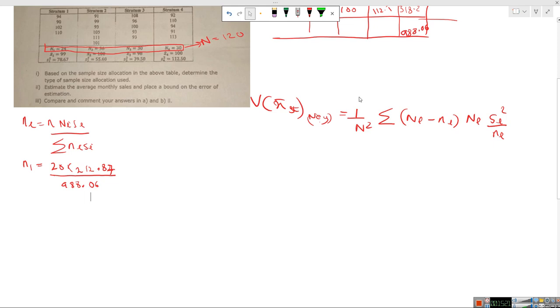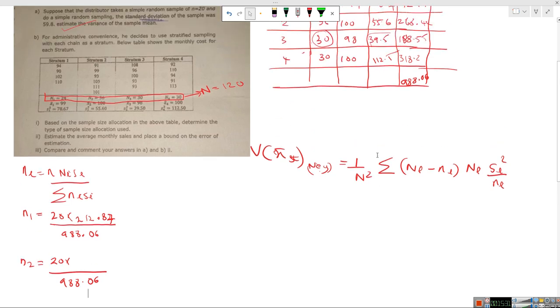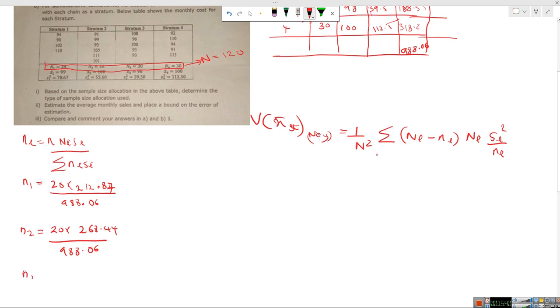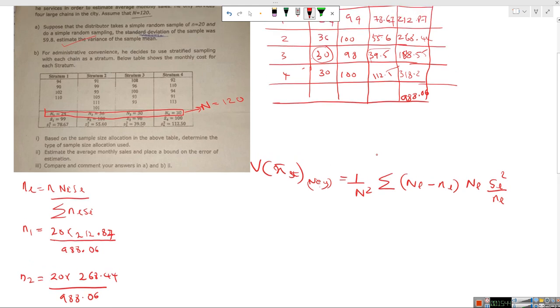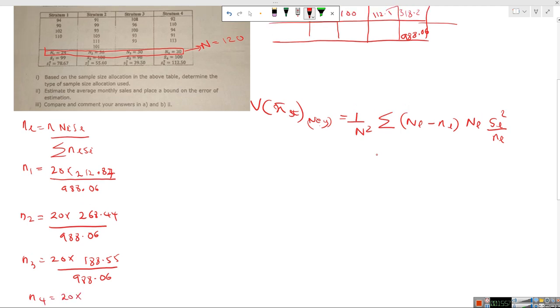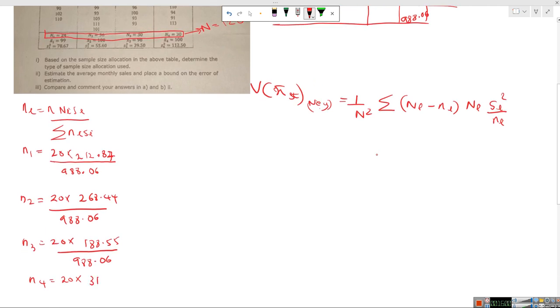And again we can calculate it for n2 also: 20 times 268.44 divided by 988.06, and n3 is equal to 20 times 188.55 divided by 988.06, and n4 is equal to 20 times 318.2 divided by 988.06.